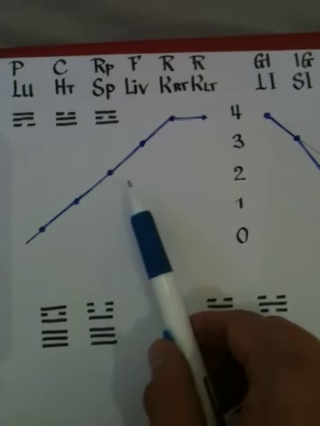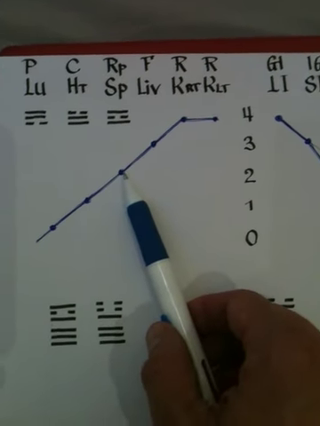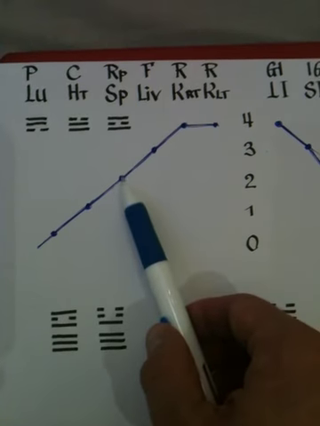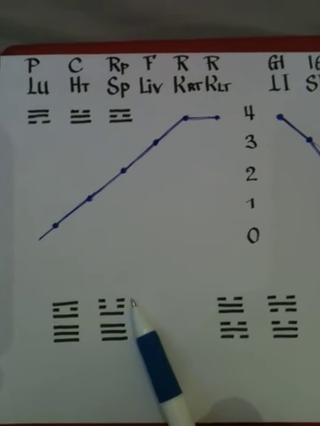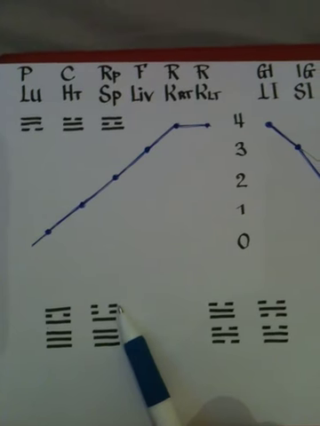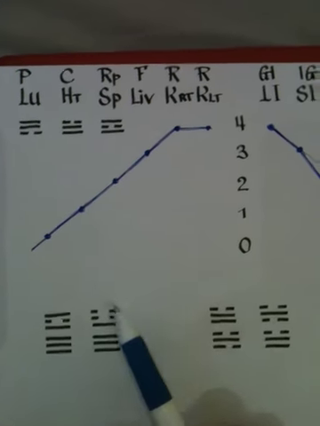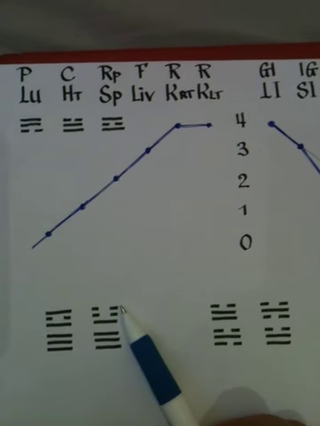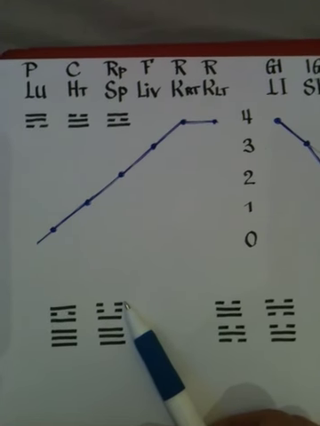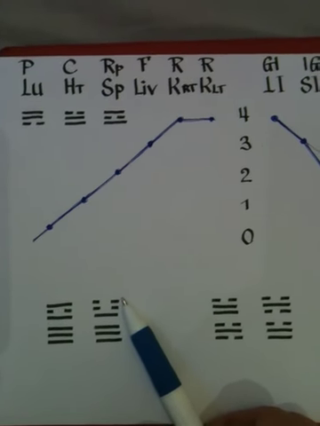The pancreas is in the movement of earth, so it's the same point we need to use for this meridian. We puncture only point number 3 of the pancreas spleen meridian.